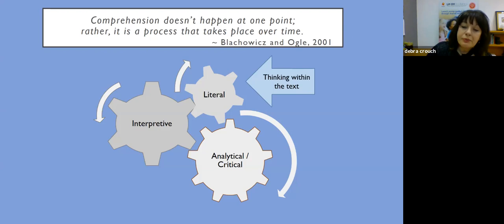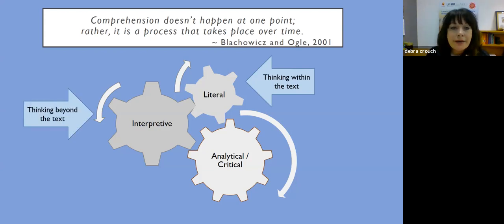There's also going to be interpretive, and interpretive is what Fountas and Pinnell call thinking beyond the text. That's the kind of thinking where we bring those personal connections in, where we make predictions based on what we understand about how texts work. This is where inferencing comes in. So we're making lots of inferences about characters. We're making inferences about the ideas that we're reading about in our nonfiction text.